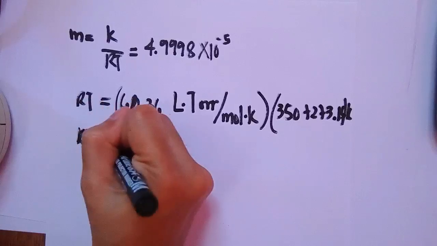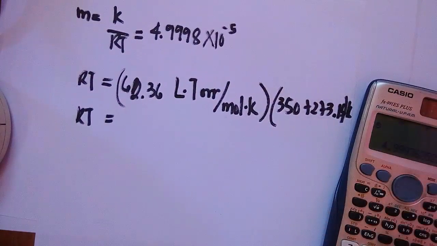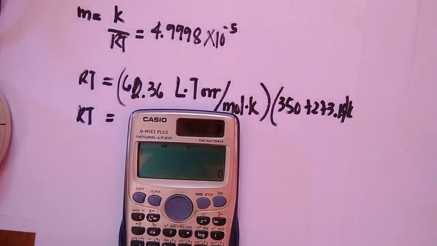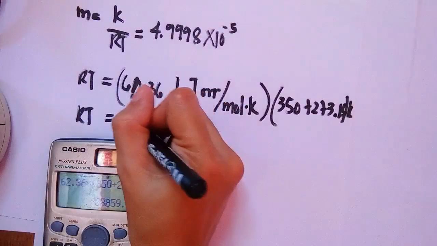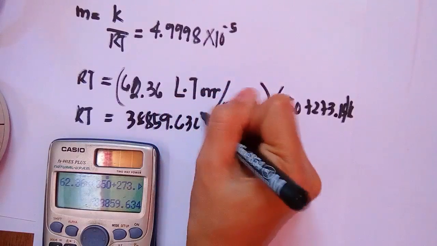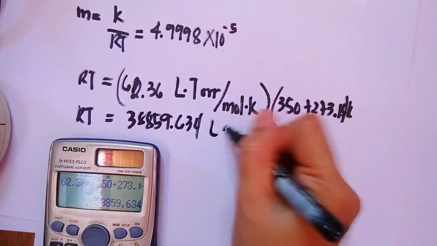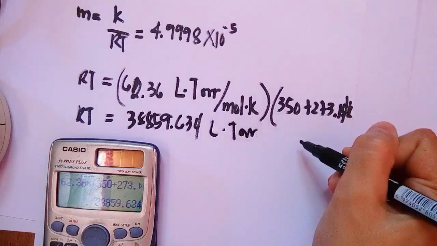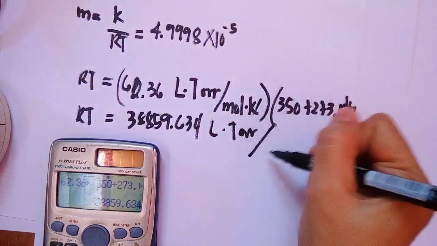Our RT then is equal to 38859.634 liter Torr per mole.